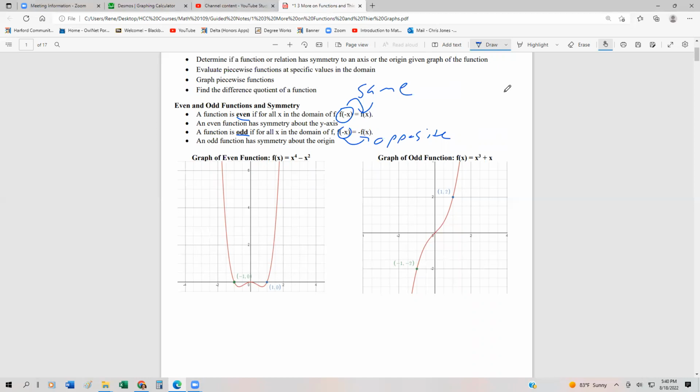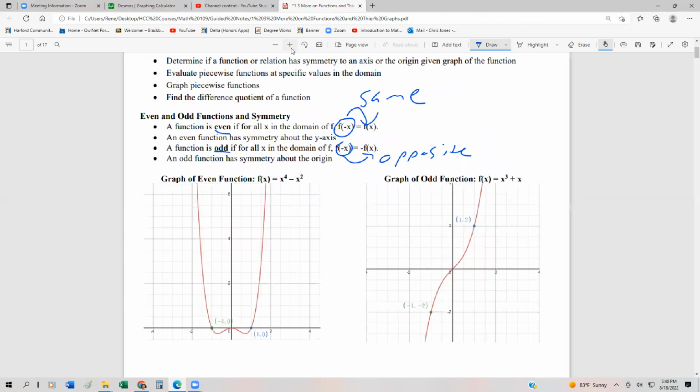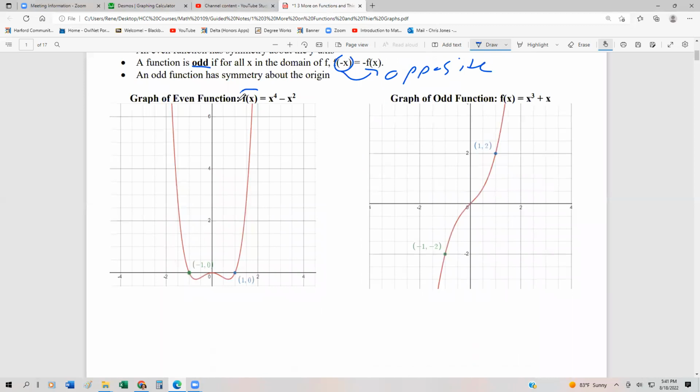So for instance, I want you to take note of this function, f of x equals x to the fourth minus x squared. And that is an even function. And the reason it's even is because notice right here, we have the exact same value as we go along the y-axis, right?